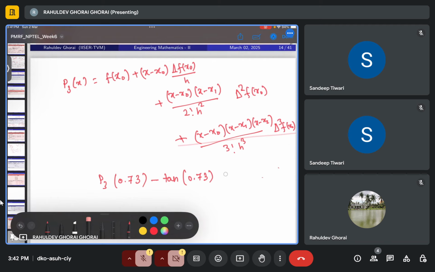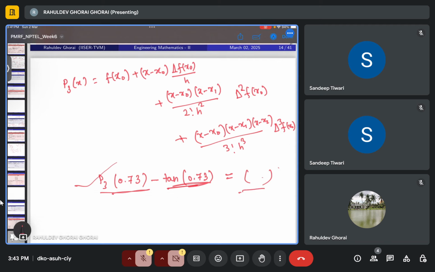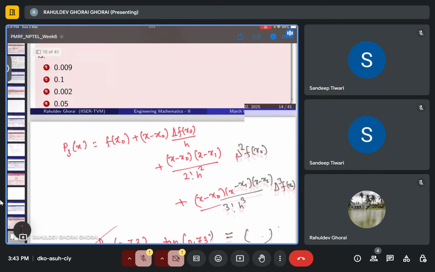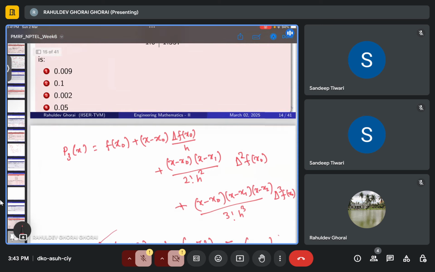So to find the exact error, first you do it like this, and then you know exactly what 0.73 is. After knowing P3 at 0.73, you will know the error. It is a little bit calculative, but you can do it, right?